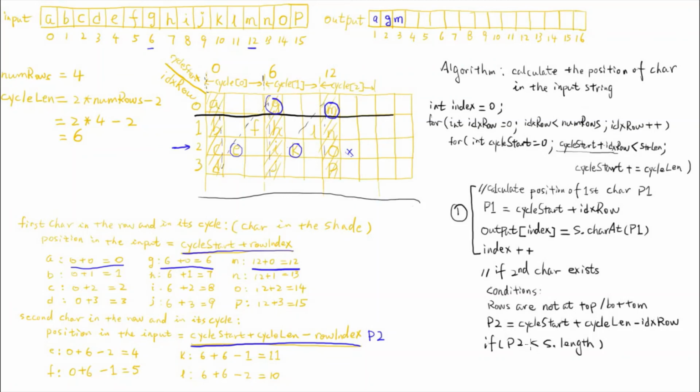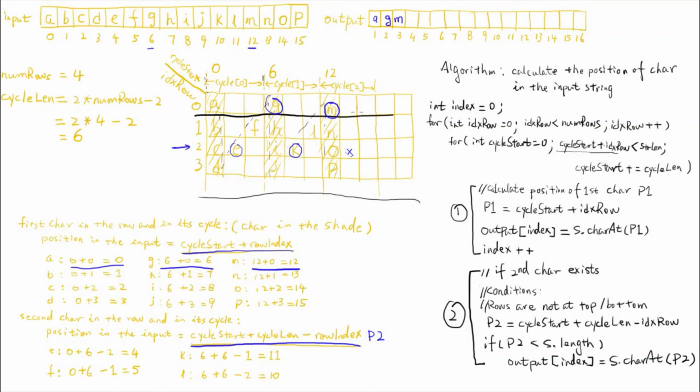If it's true, then we will add the second character into the output. So from here to here is our second step.